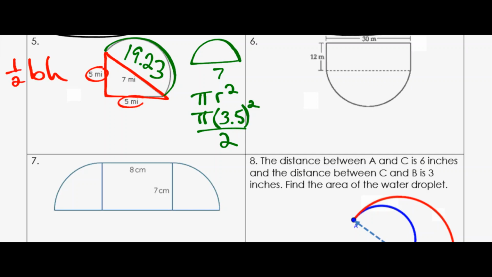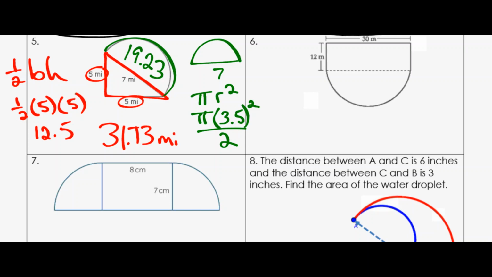That's my base, that's my height. Well, really it's the opposite, but it actually doesn't matter. 1/2 of 5 times 5 is 12.4. Then you just put those two areas together for a total of 31.73 miles squared.